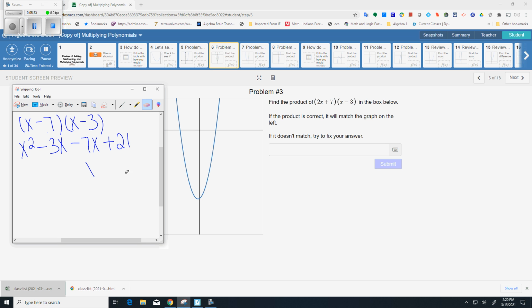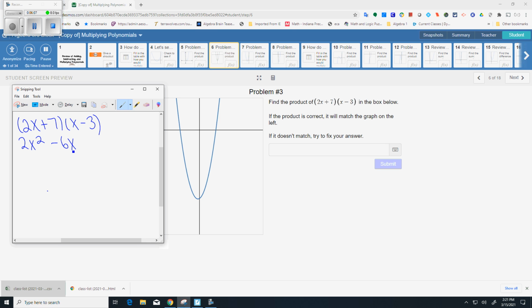So our next problem is multiplying 2x plus 7 by x minus 3. And then 2x times x is 2x squared. 2x times negative 3 is negative 6x.